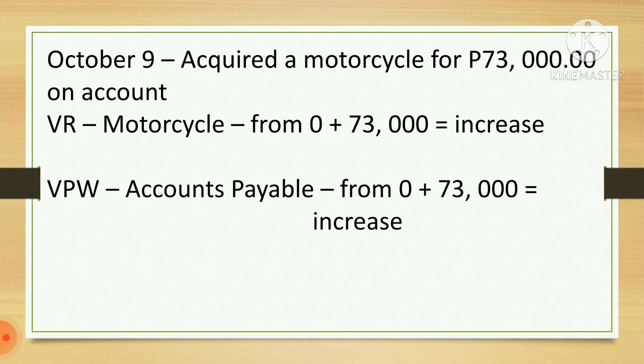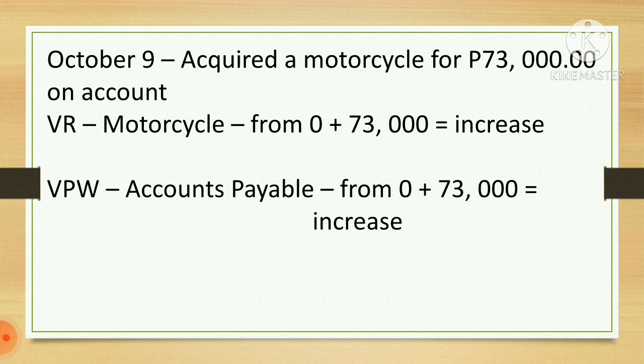There are actually a lot of ways to acquire something, but you're not giving up cash, or you will not give cash right away. There is what we call notes payable, like a promissory note. We also have accounts payable. It's also similar with notes payable. It's just that you are not promising anything.